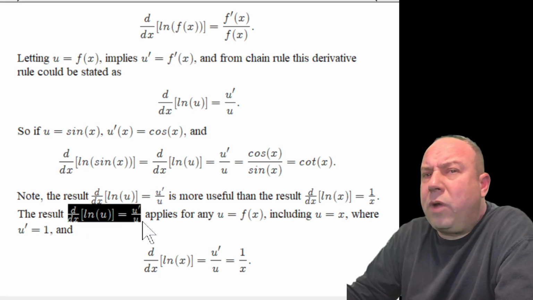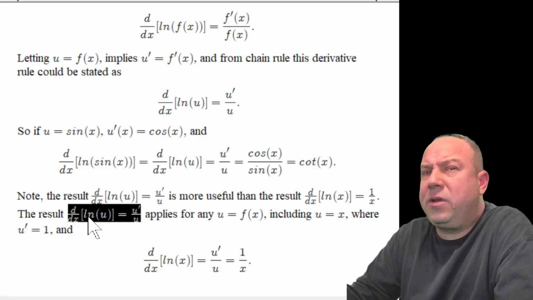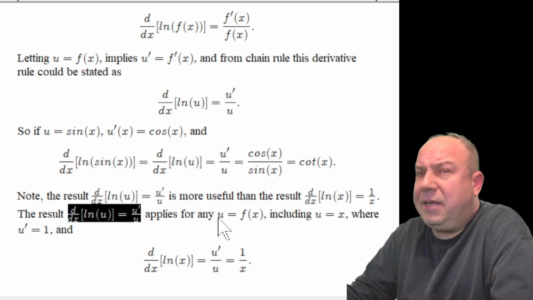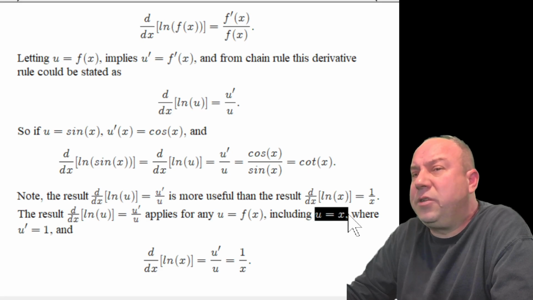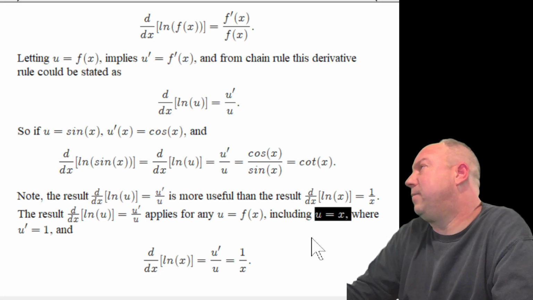And one way that can be argued is by noting that this rule does apply, I should say, for the case when our function for u is equal to x.